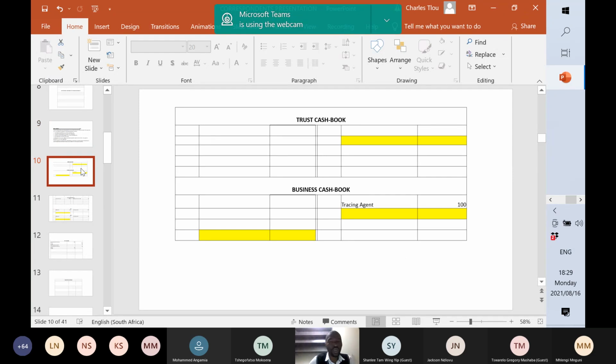Now, I want us to read that statement, and as we read, please remember, principles remain principles. Principles are not going to change because we are dealing with correspondent work. Yes, we might be recording transactions, somehow making additions here and there, but principles are principles.